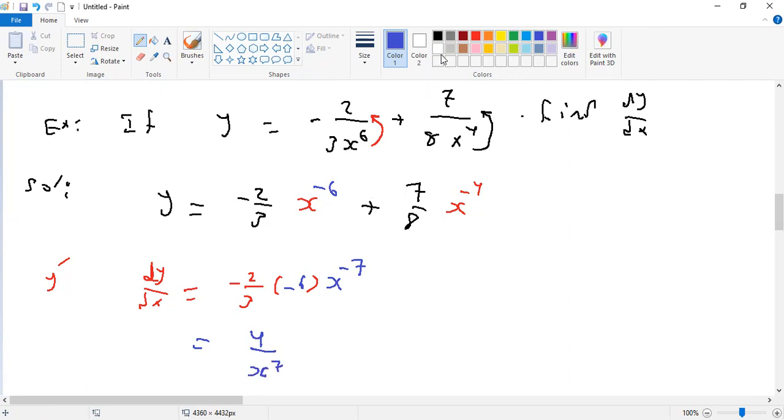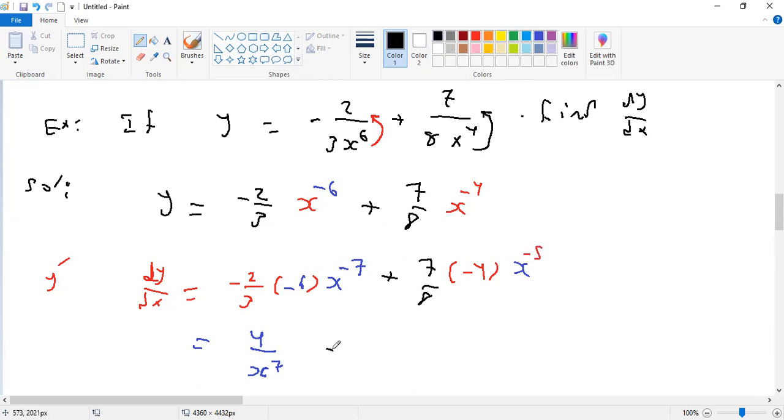Then plus the second one. The second one is 7 over 8 multiplied by n times k. K is 7 over 8, and n is negative 4. And what about x? X to the power negative 4 minus 1, which is negative 5.